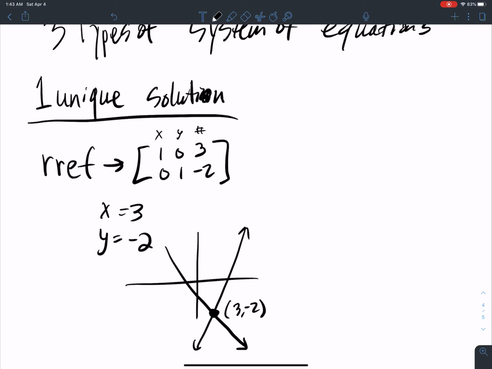When they cross at a single point, that would be a single ordered pair, which is the solution. Okay? So if you have this scenario where these first pieces over here have ones on the diagonal and zeros everywhere else, and then you got your numbers on the other side, then you're good to go.